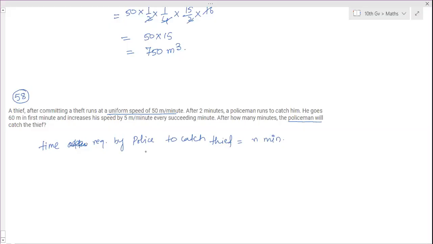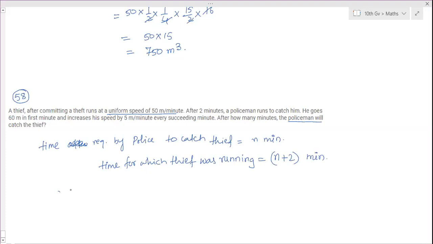So if the police will take n minutes, then how much time will the thief take? The time for which the thief was running is n+2. Yes, he has started 2 minutes earlier, so that means he has taken 2 minutes more. So n plus 2 minutes.